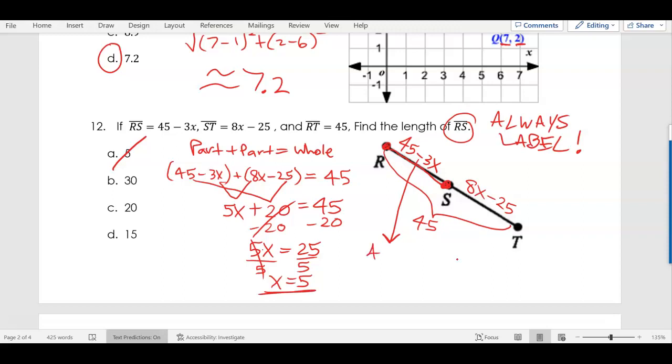So 45 minus 3x, but instead of x, I'm going to put parentheses 5. So minus 3 times 5, so that's going to really be 45 minus 15. And then 45 minus 15 is 30. So the answer is B. Please do not get confused about that. Do your best, obviously. Okay.